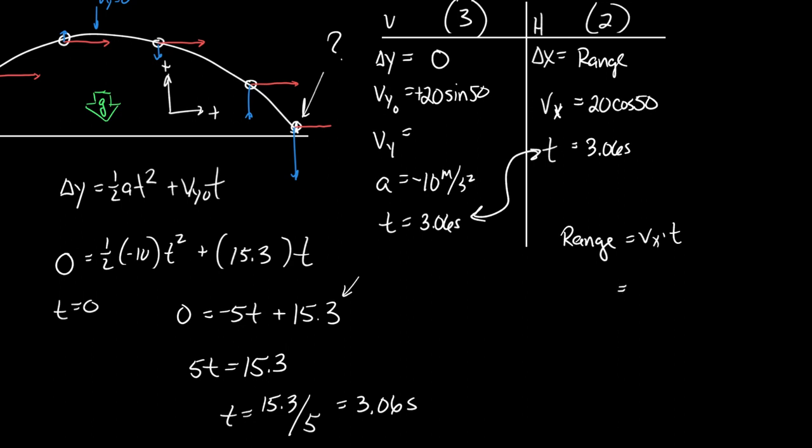So that's going to be 20 cosine 50, and that's a 12.9. And 3.06. I get 39.3 meters.